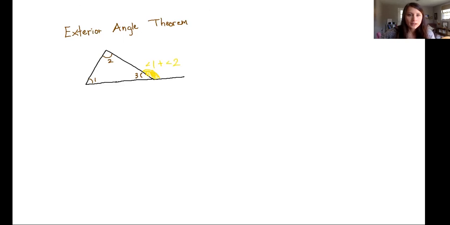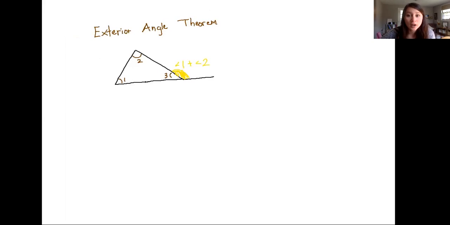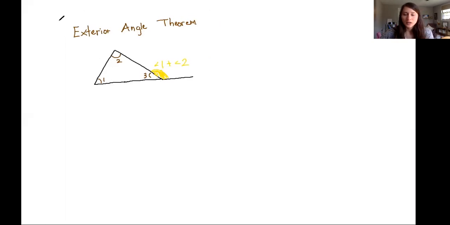And if you wanted to test that out, you could draw a triangle on a piece of paper, cut these angles out, and piece them together on this part here. And it would be the same. It would be these two angles added together making this. We can also conclude this from our previous knowledge.